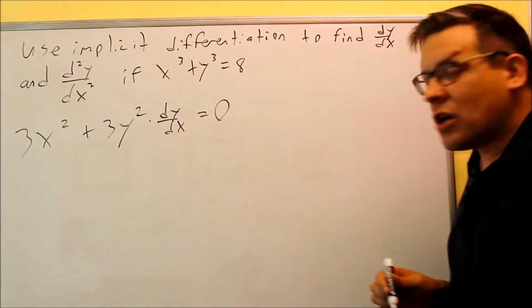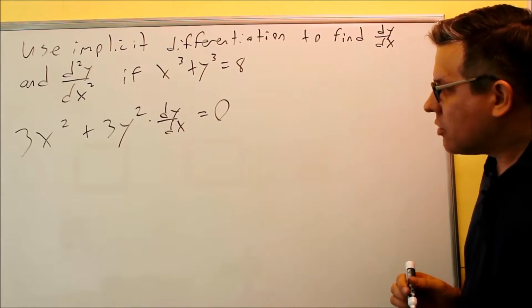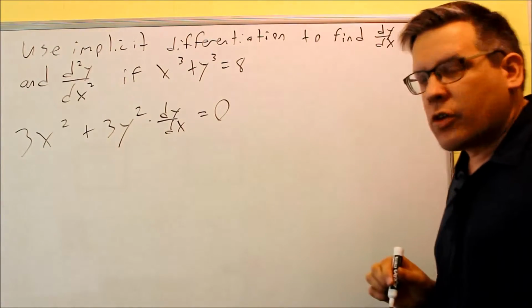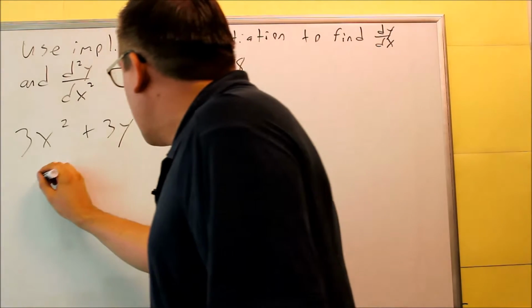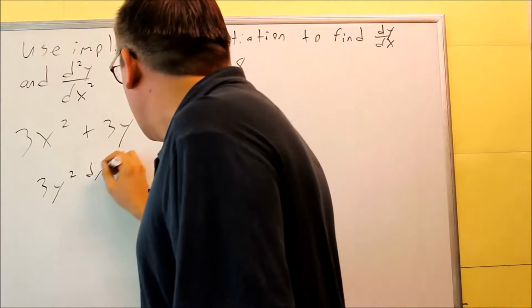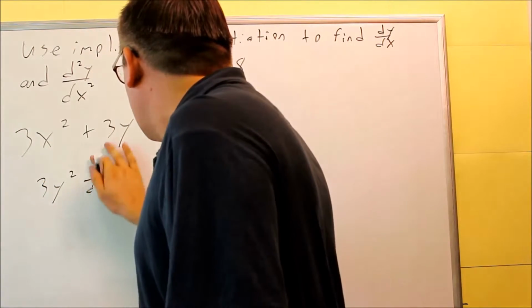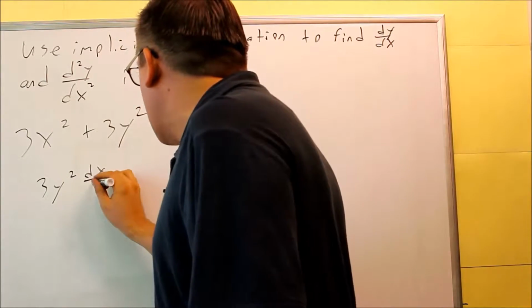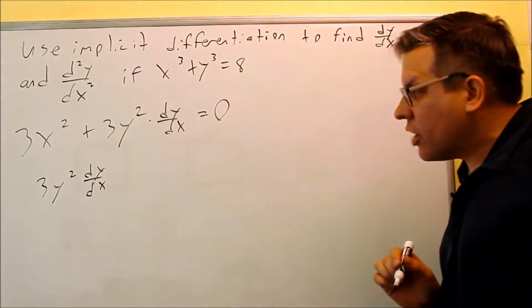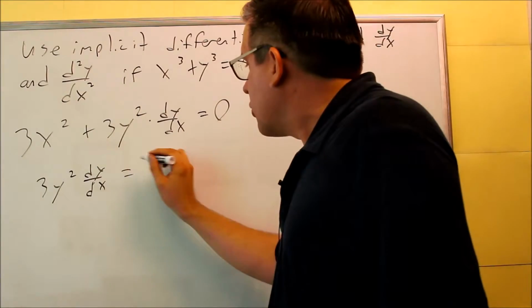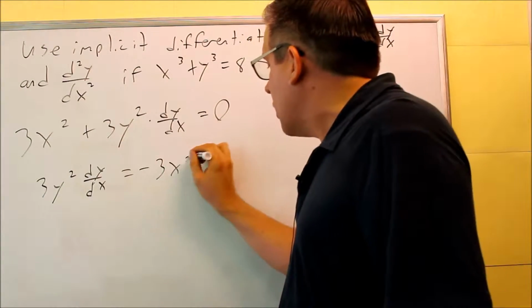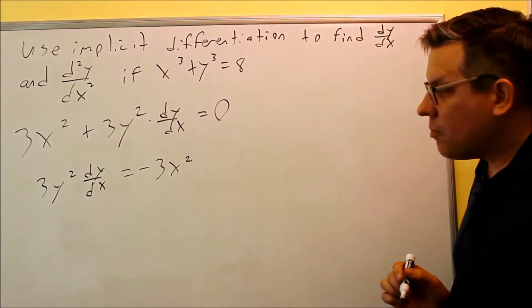And now we just need to solve this for dy/dx. We're going to move the 3x squared over to the other side. So we have 3y squared dy/dx, and this dy/dx, that's the first derivative that we're trying to solve for. Subtract the 3x squared over and you get negative 3x squared there.